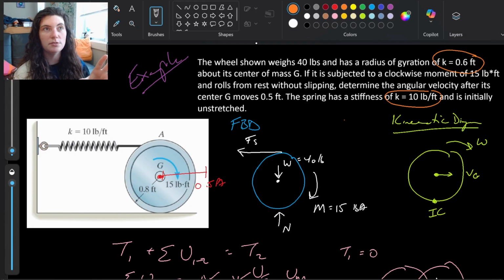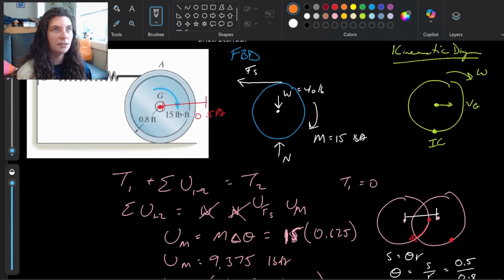Our spring stiffness constant is a k value, but our radius of gyration is also a k value, and they mean wildly different things and they get applied wildly differently. They have different units, but they share the same letter. So just know for your spring stiffness, make sure you grab that 10 pounds per foot.